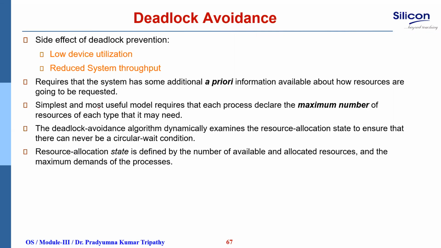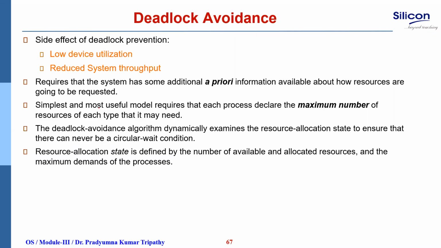So it requires some additional a priori information, that means some information we should know beforehand. Correct? And how resources are going to be requested. What is the order in which they are going to request these resources? So at least we must know the maximum need of resources for a particular process.